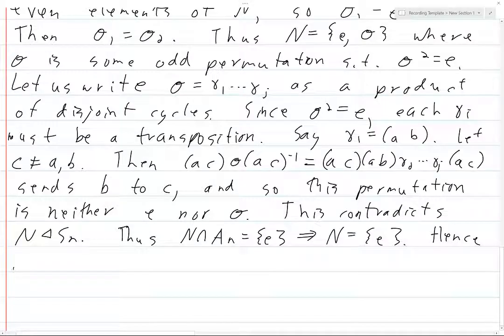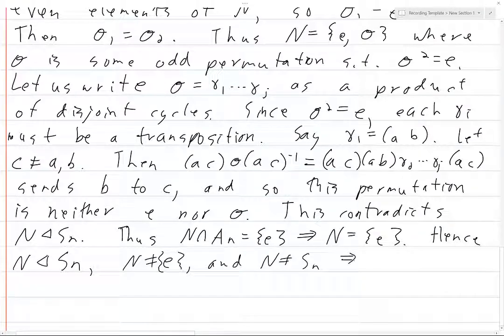So hence N normal in Sn, N not equal to E and N not equal to Sn implies that N must be equal to An for n greater than or equal to 5. And that's exactly what we wanted to prove in part B.